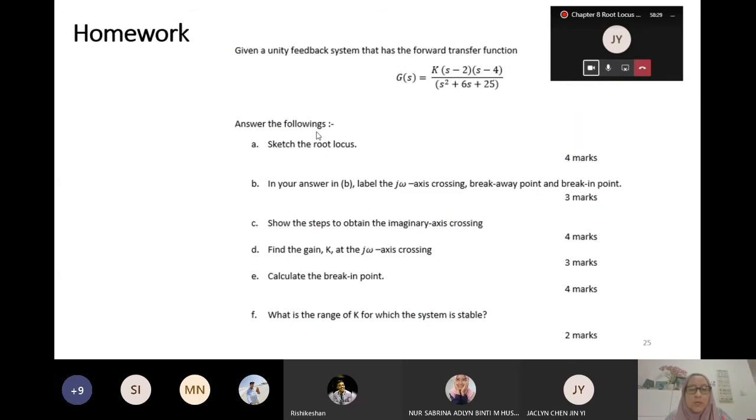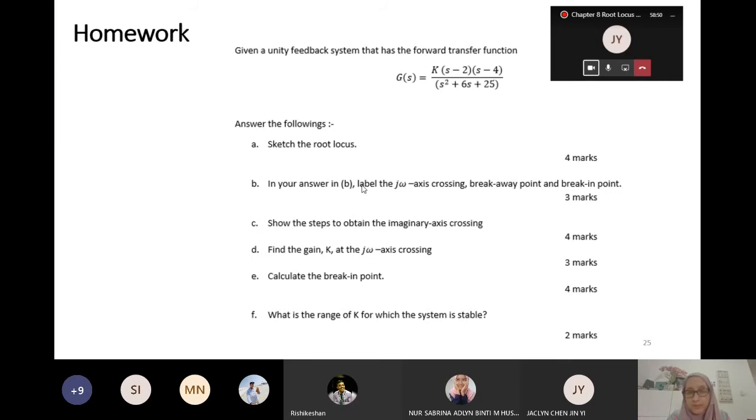As a homework, as an exercise for you, given a unity feedback system that has the forward transfer function like this, answer the following. Sketch the root locus. In your answer, label the j omega axis crossing, breakaway point and break-in point.